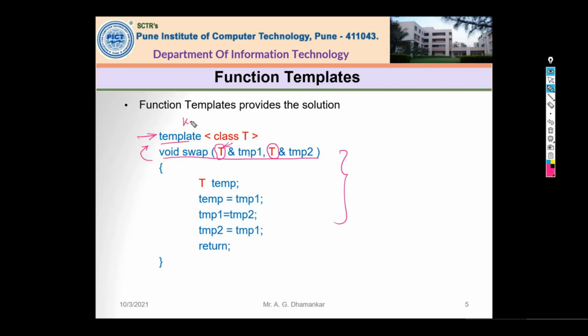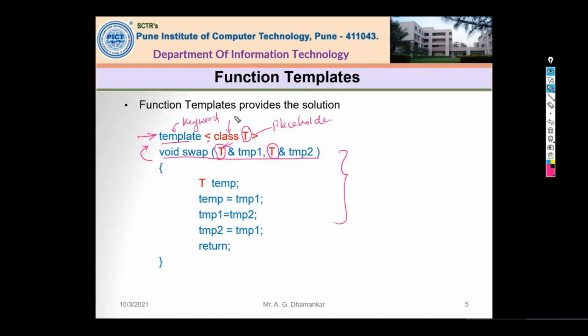Template is a keyword. So introduce the keyword, then angle brackets. This is the angle bracket. We can say this is called a placeholder. And this is the data type T to be defined.